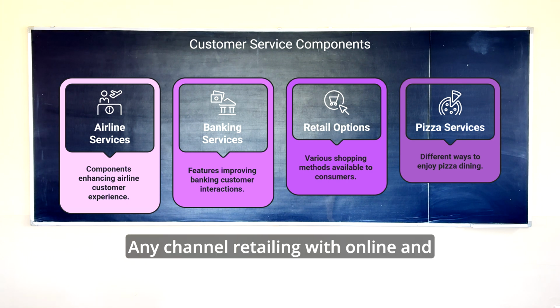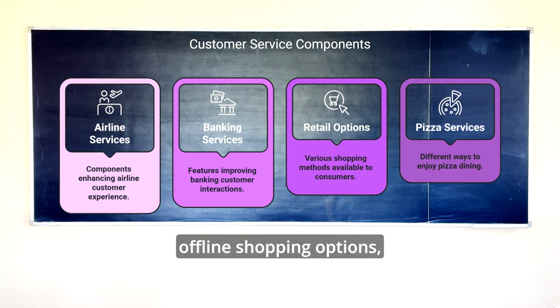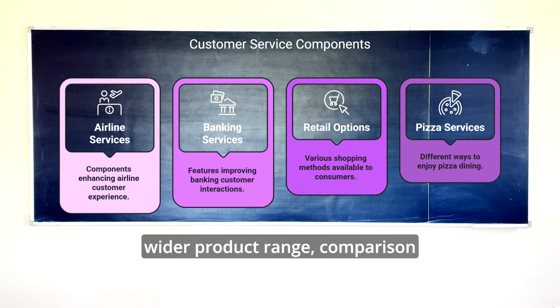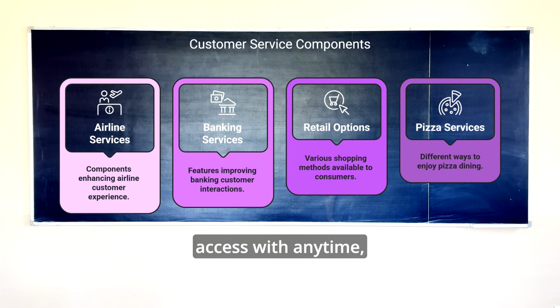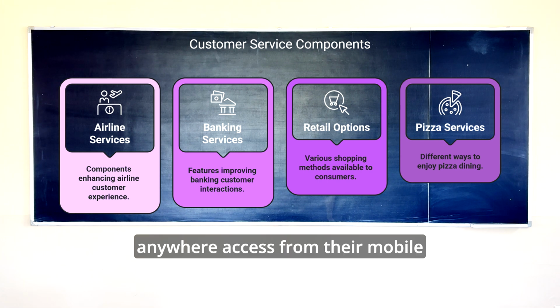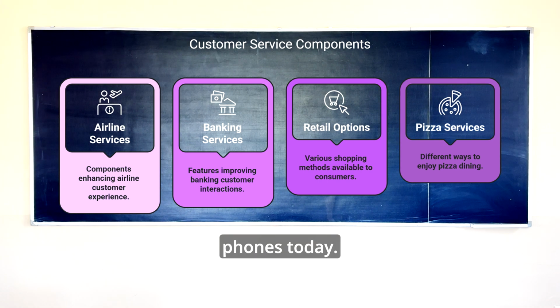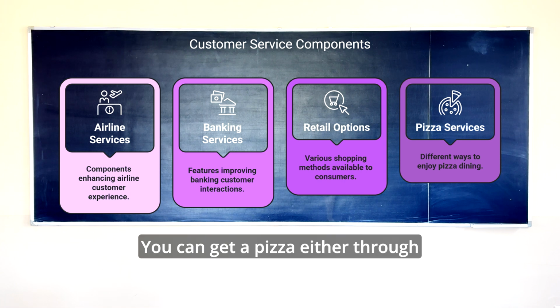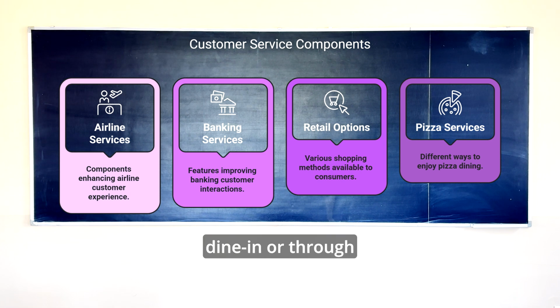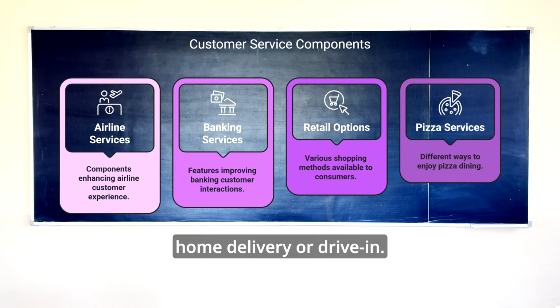Omni-channel retailing with online and offline shopping options, wider product range, comparison of pricing. Consumers have universal access with anytime, anywhere access from their mobile phones today. You can get a pizza either through dine in or through home delivery or drive in.